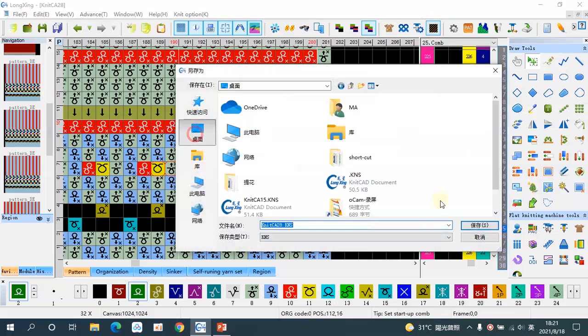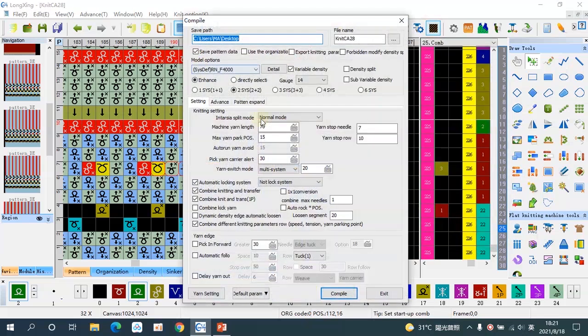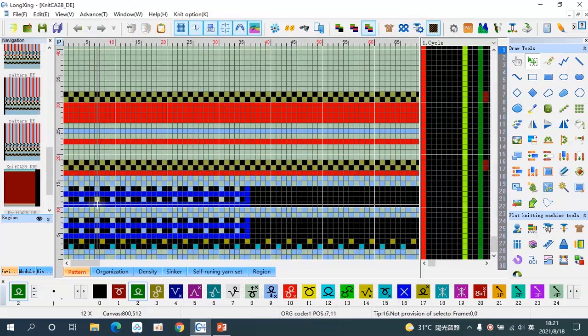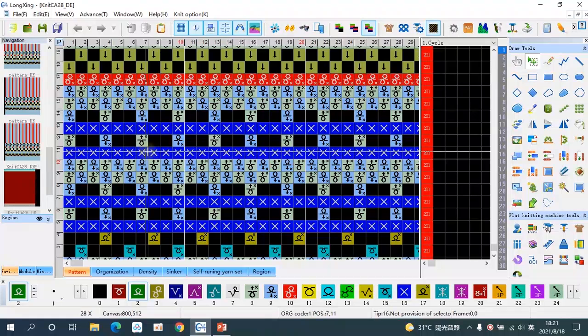After compile, now you can see the pressing action.